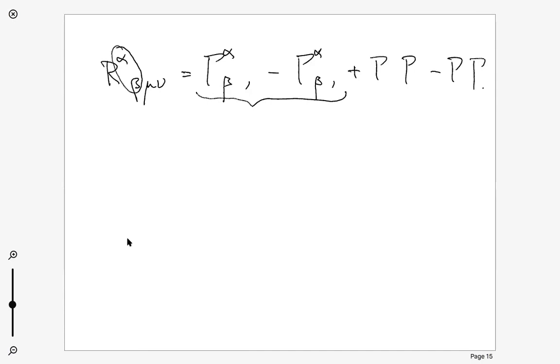Okay, and then for the rest of the indices, namely mu nu here, I need to substitute this mu nu into this slot here. And obviously it can either be mu nu or nu mu, right?